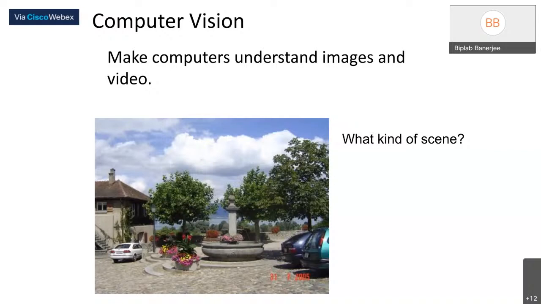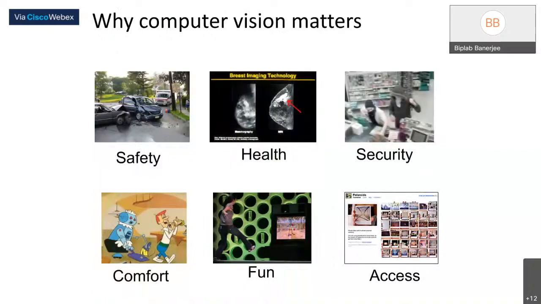For example, what kind of scene this is: is it an outdoor or an indoor scene? Or localizing the cars in the scene. Or finding out, given a reference frame, how far the building is from the frame, which is basically the depth estimation problem.